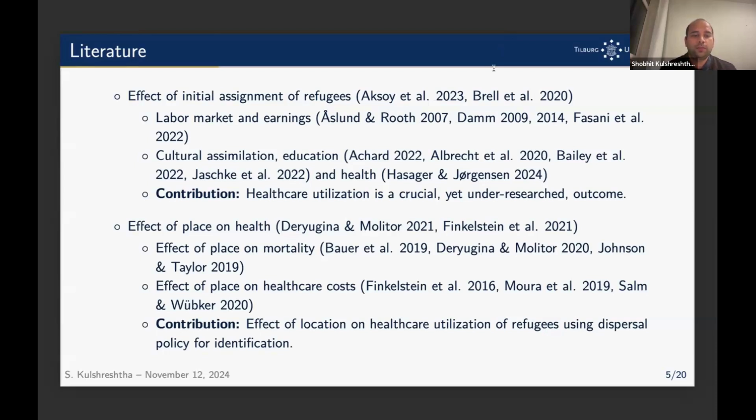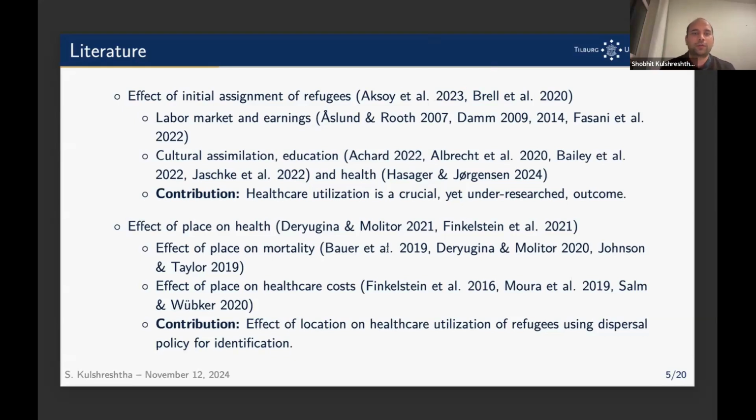I could have done it both ways, but what I'm really interested in is understanding the location effects, because location can directly influence health, and that has been estimated to explain almost 50% of the variation in healthcare cost for the US, and a similar proportion is found in Germany and the Netherlands as well. So across countries, location matters. Maybe I can answer that question with this literature slide as well.